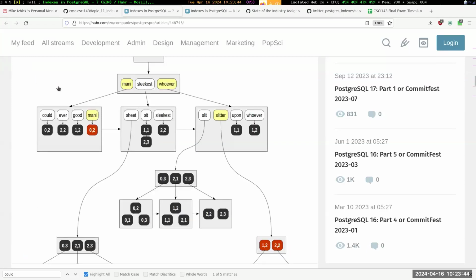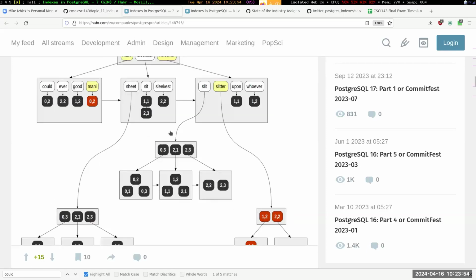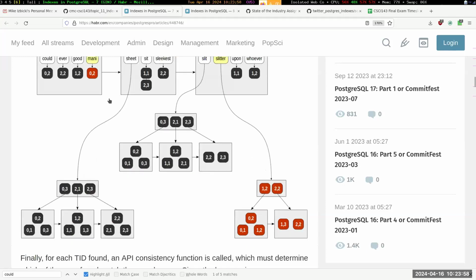The ability to combine both of these things together is why Postgres stores the information down here inside of a B tree structure. When it's stored inside of a B tree structure, it means that we can efficiently do union and intersection operations on multiple B tree structures. And so we can take this result from Manny, 0 2, and find, does 0 2 exist in slitter?